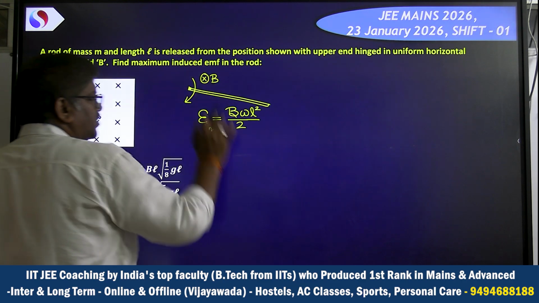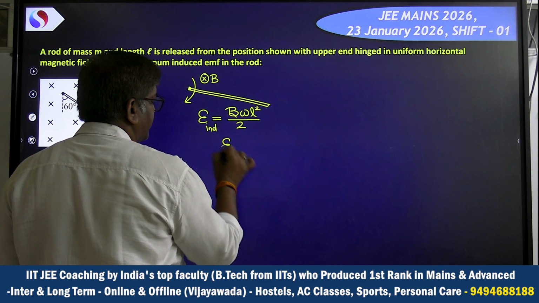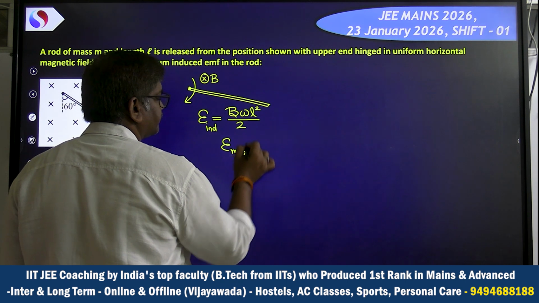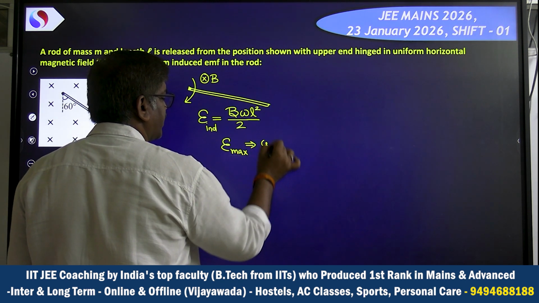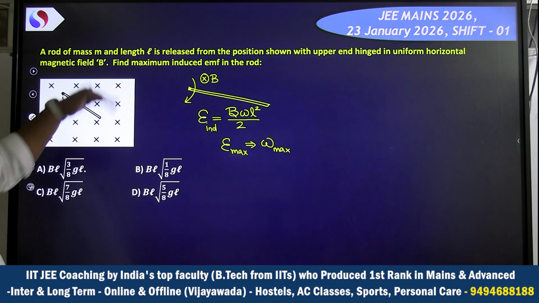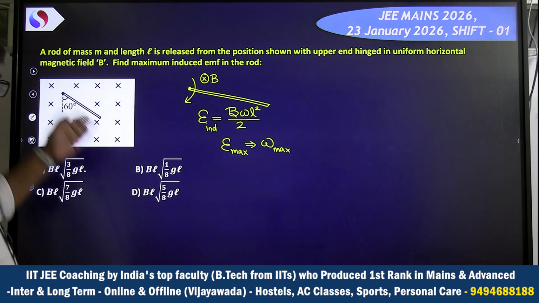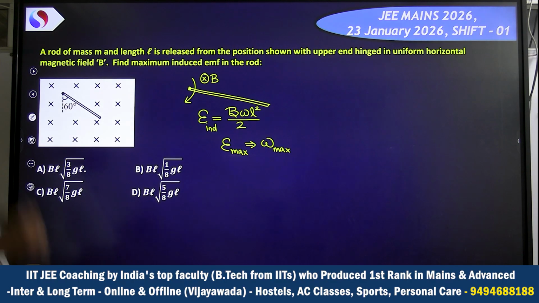B here is not changing, the length of the rod is also not changing. That means omega is the only thing changing. So if I am interested in E max, then it corresponds to omega max. As this rod is moving in a vertical plane, omega keeps on changing, and I will be looking for the position where omega is maximum.